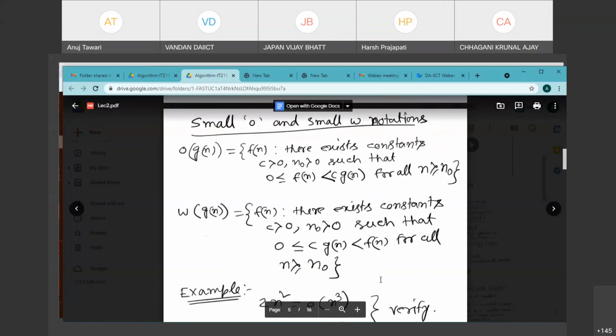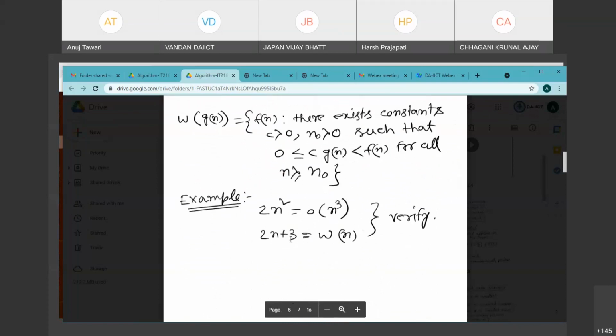So these are some asymptotic notations. Can you see why 2n square is big O of n cube?